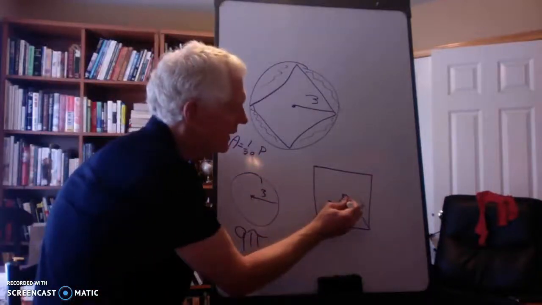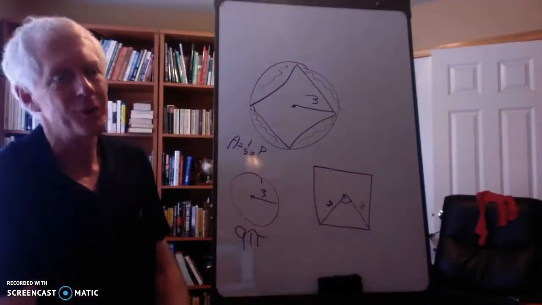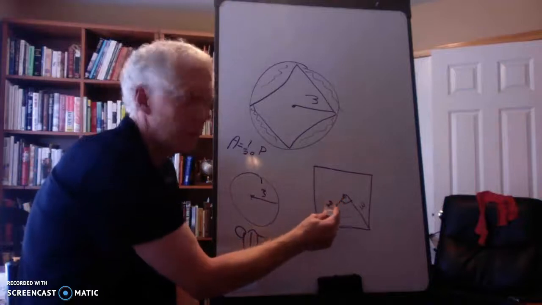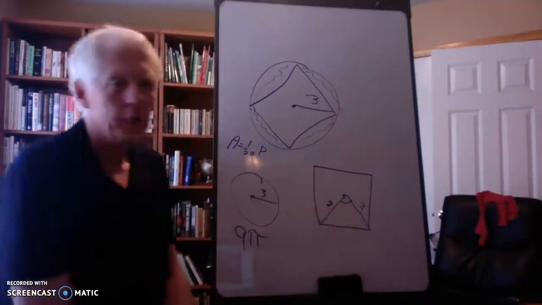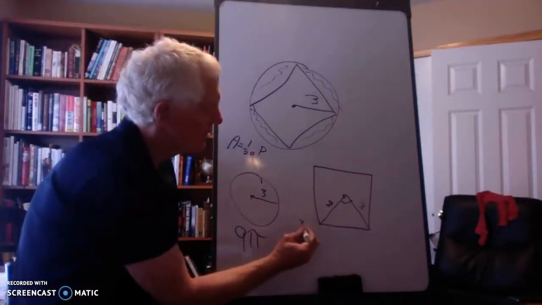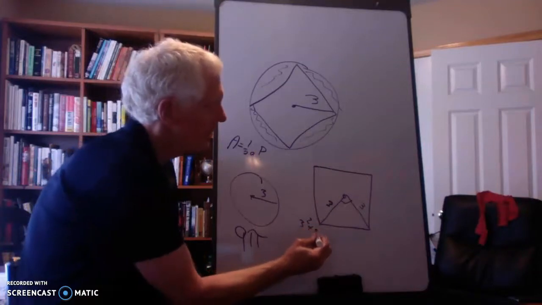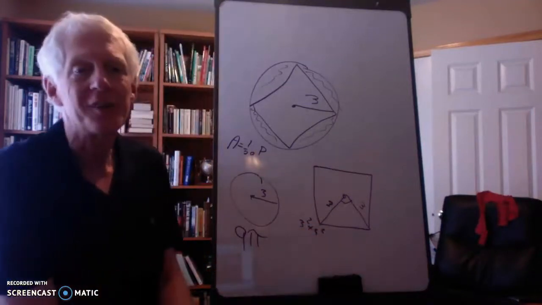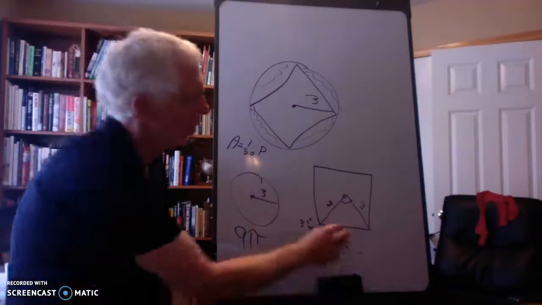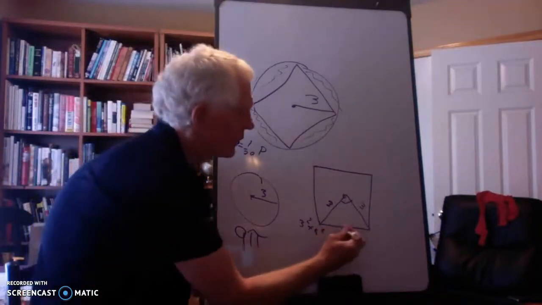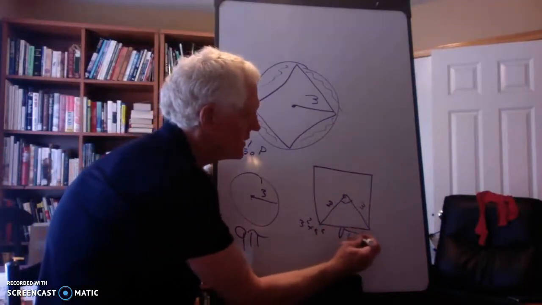This is a 90-degree angle. All right, now it's looking pretty good. I use the Pythagorean theorem. I can find the length right here. 3 squared is 9, plus 3 squared is 9, equals 18. So this side is the square root of 18.